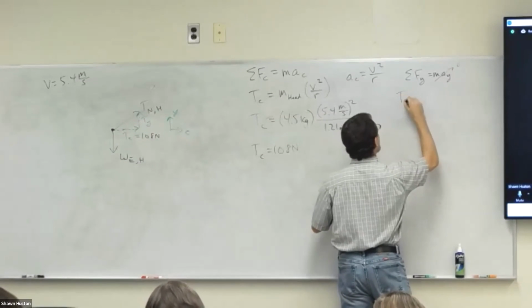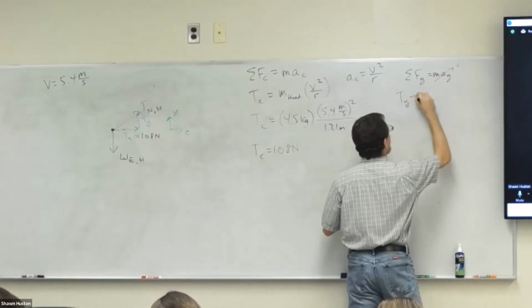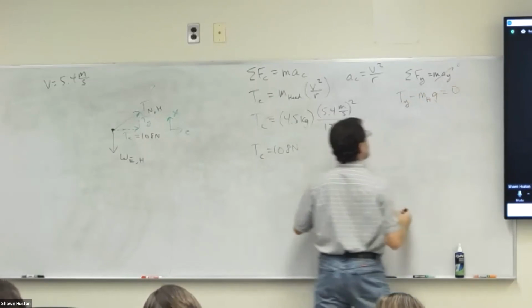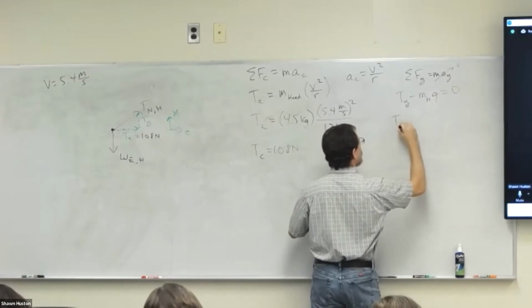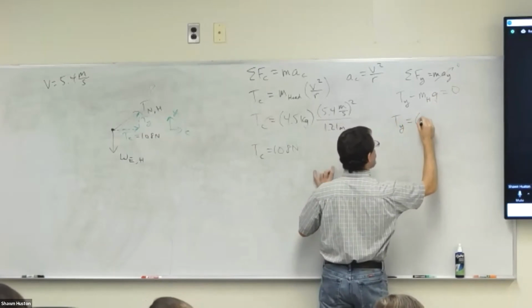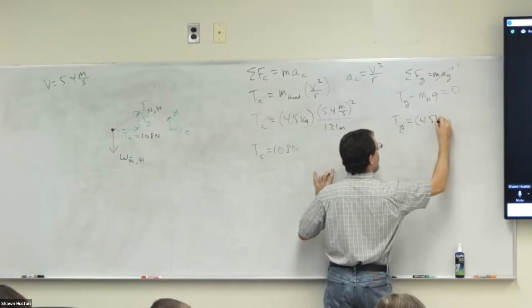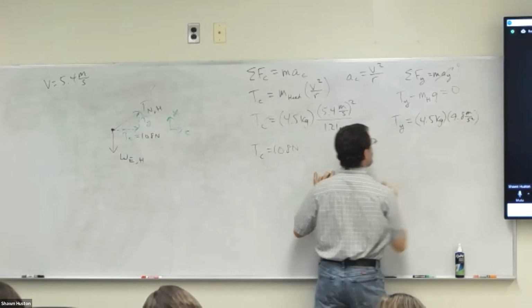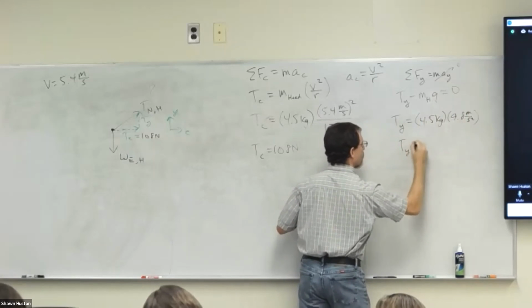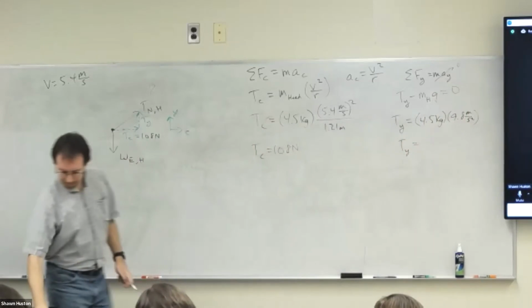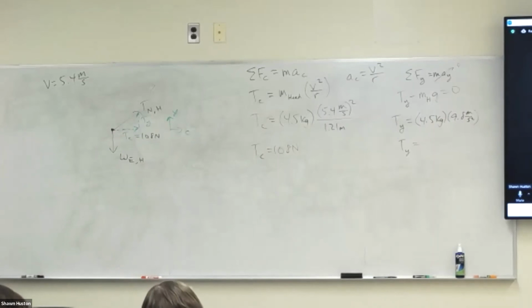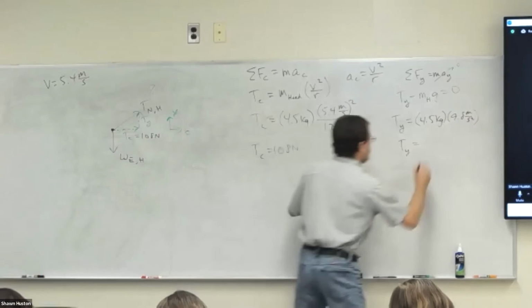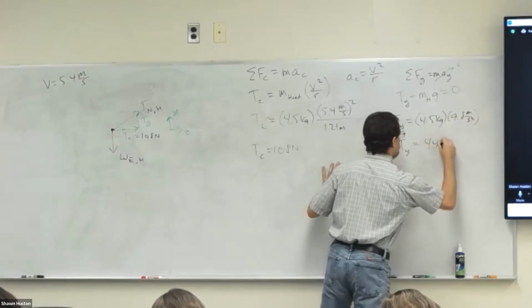T sub Y minus the weight of his head is equal to 0. So T sub Y is going to be equal to the mass of his head times gravity. This looks like 44 newtons.